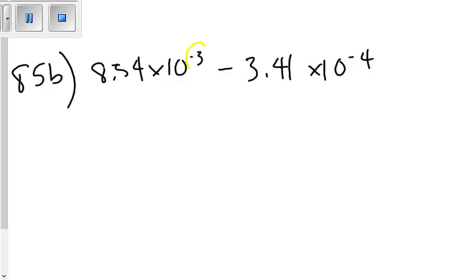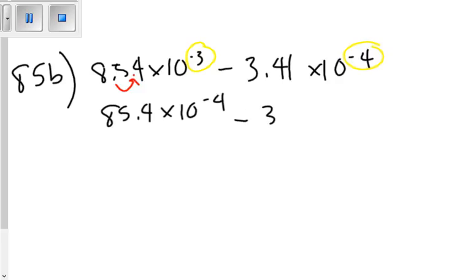You'll notice one's negative 3, one's negative 4, so I've got to change that. So I'm going to change 8.54, move the decimal over to the right to make it 85.4 times 10 to the negative 4th minus, again, 3.41 times 10 to the negative 4th. So now they're the same, so I can subtract.